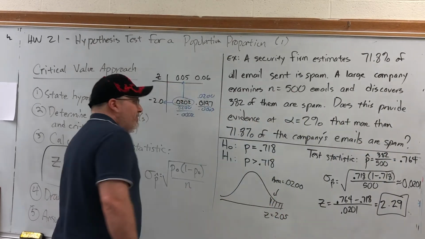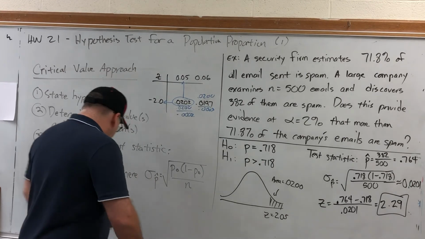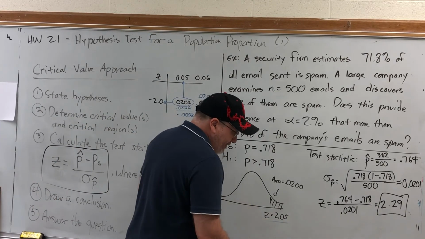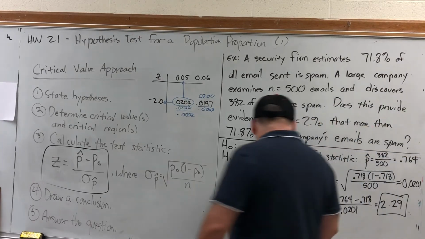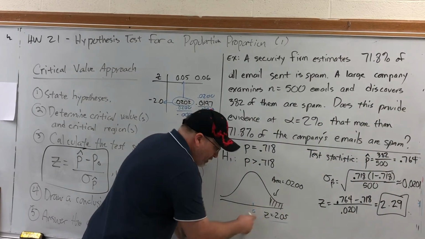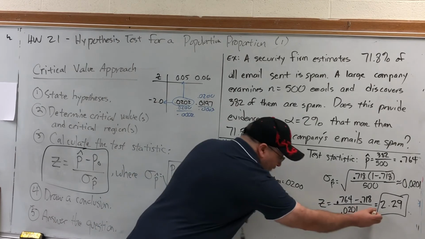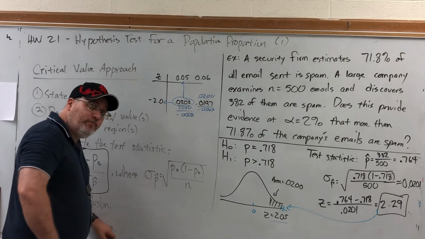So what do we say about the null hypothesis? Do we reject it or not? Well, compare it to the critical value, 2.05, this marker's garbage. 2.29 being greater than 2.05 would fall to the right somewhere, and more importantly, it would fall in the critical region.